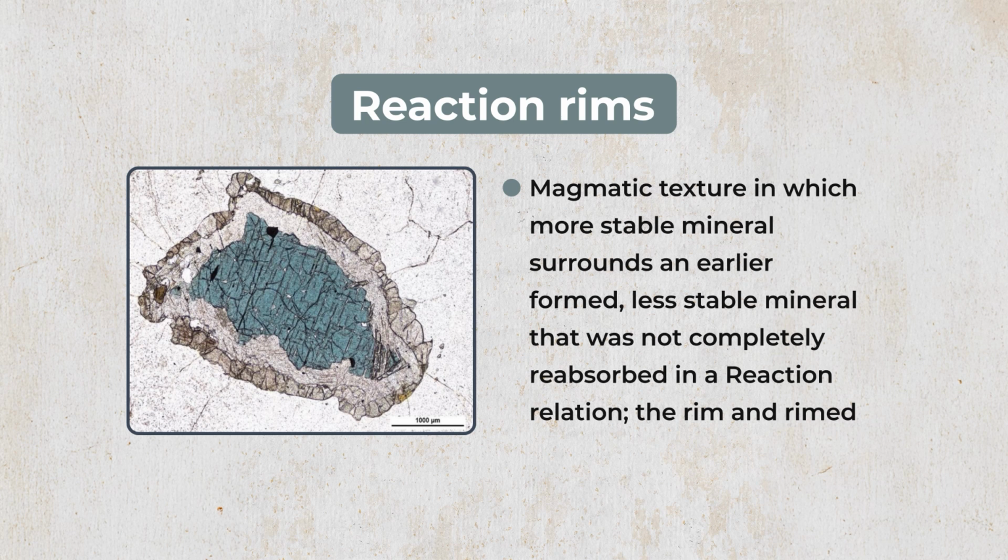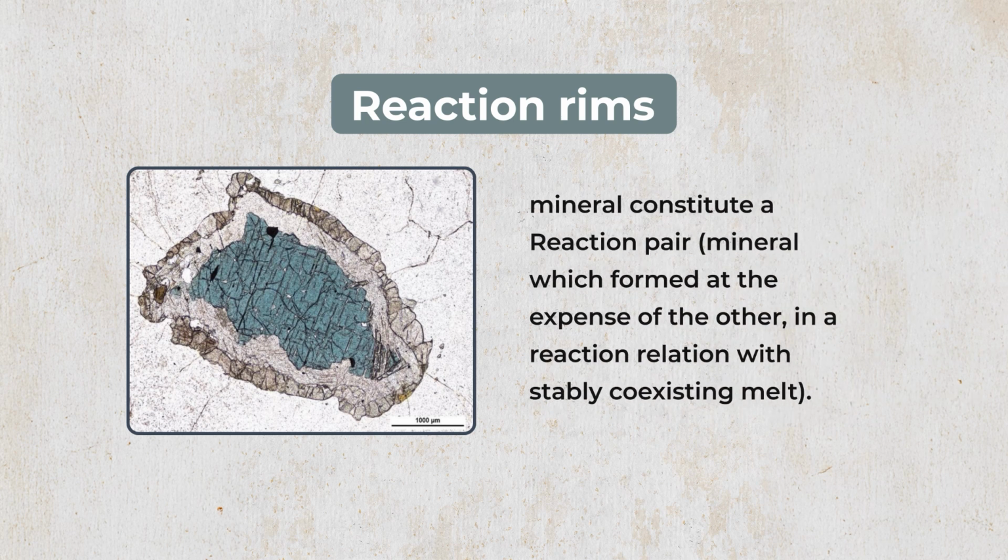The rim and rimmed mineral constitute a reaction pair. The mineral which formed at the expense of the other mineral is in a reaction relation with the stably coexisting mineral and melt.